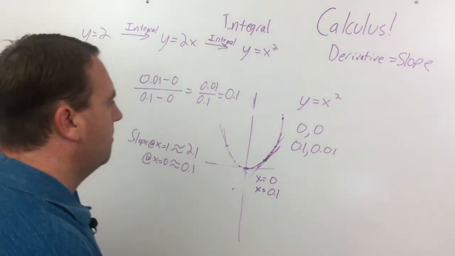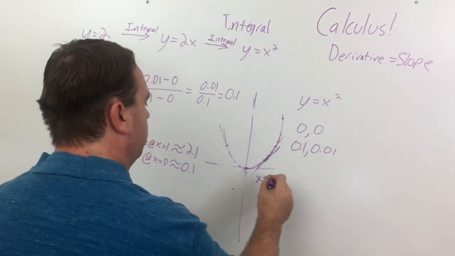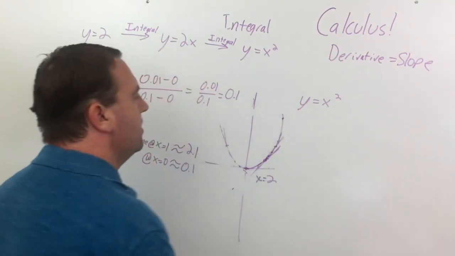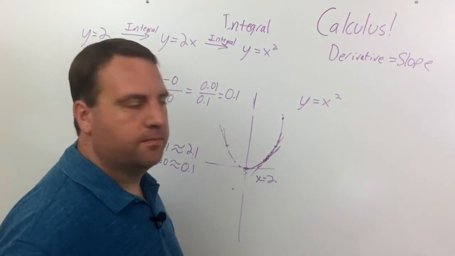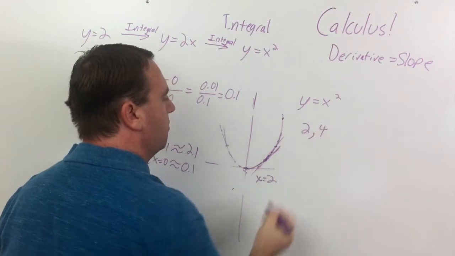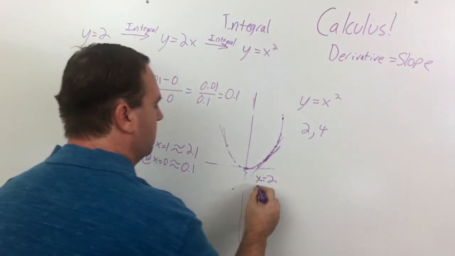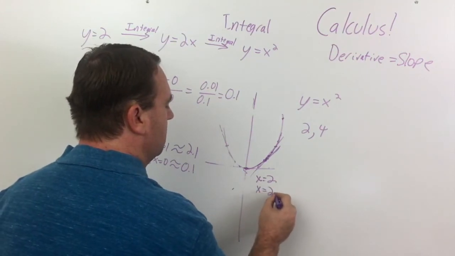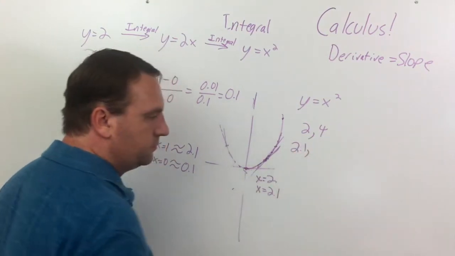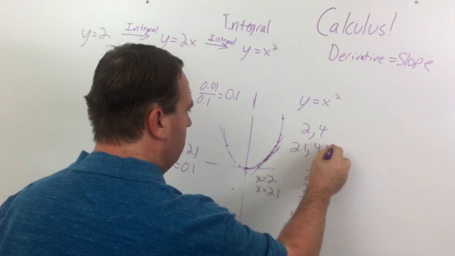So let's do one more, and let's do x equals 2. At x equals 2, y is going to be 2 squared, so the point will be 2, 4. And then we'll bump it up just a little bit, x equals 2.1. What's 2.1 squared? That's going to be 4.41.